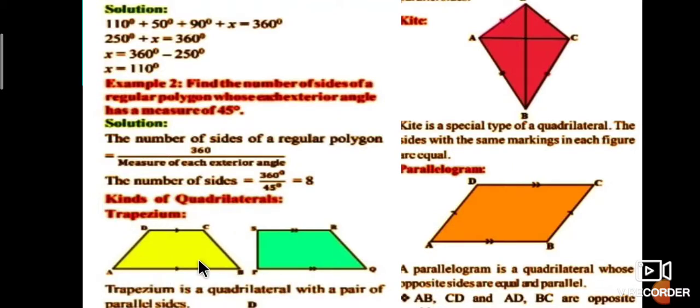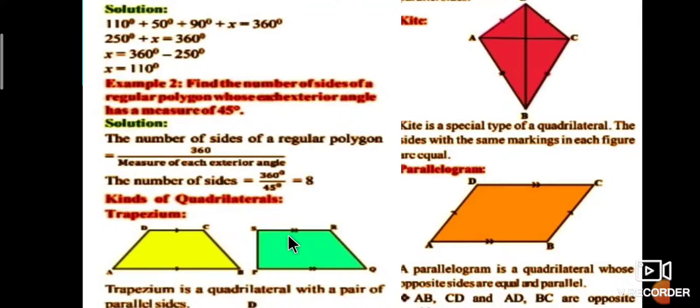It is a quadrilateral in which AB and CD are parallel sides. The other pair, AD and BC, are not parallel. Such a figure is called a trapezium. Similarly, in another figure PQRS, it is a quadrilateral in which one pair of opposite sides are parallel.